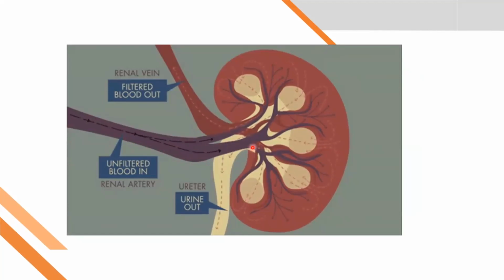Then from the segmental arteries to the interlobar, interlobar to arcuate, arcuate to the interlobular, and from interlobular to the glomerulus, and back to the interlobular veins, arcuate veins, and then interlobar and left renal vein.